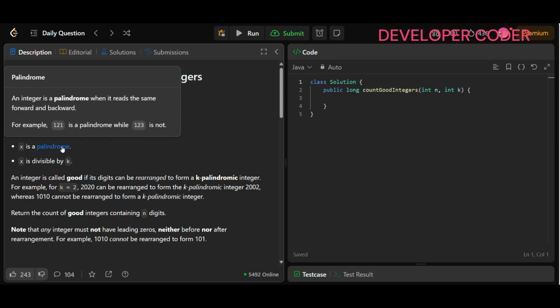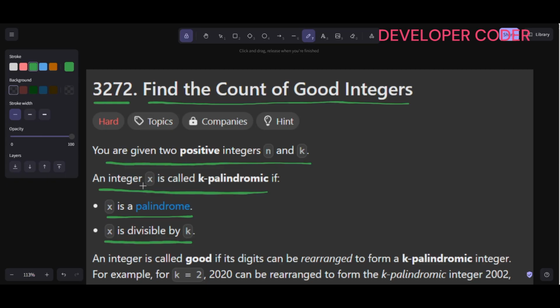So different. So if x is a palindrome and is divisible by k, then it is called k-palindromic. Clear with this definition, right?